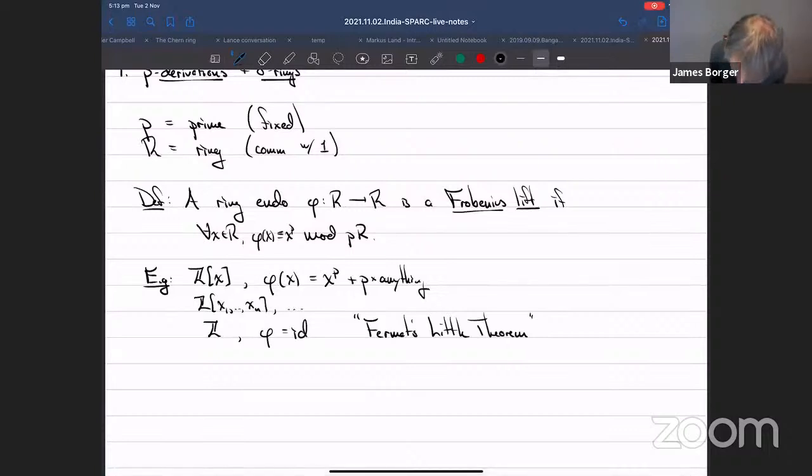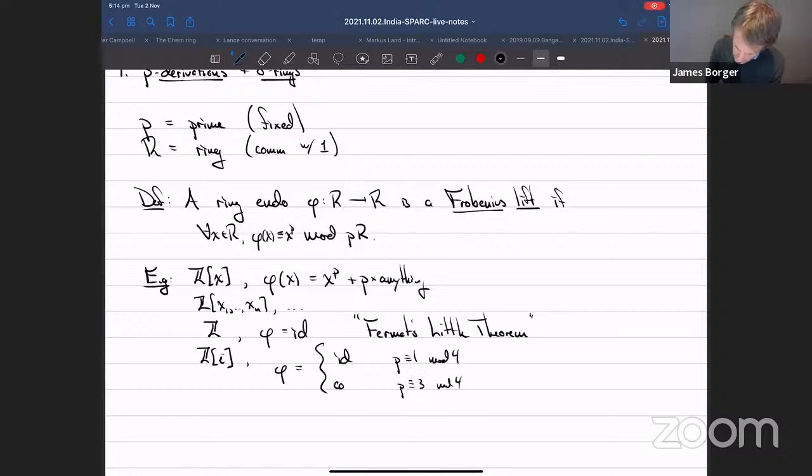Okay, so what's another example, just to show that there's a little bit of arithmetic content. Suppose you take the Gaussian integers. Then there are two possibilities for phi. If p is congruent to 1 mod 4, then the identity is a Frobenius lift modulo p, and if p is congruent to 3 mod 4, then complex conjugation is a Frobenius lift modulo p.